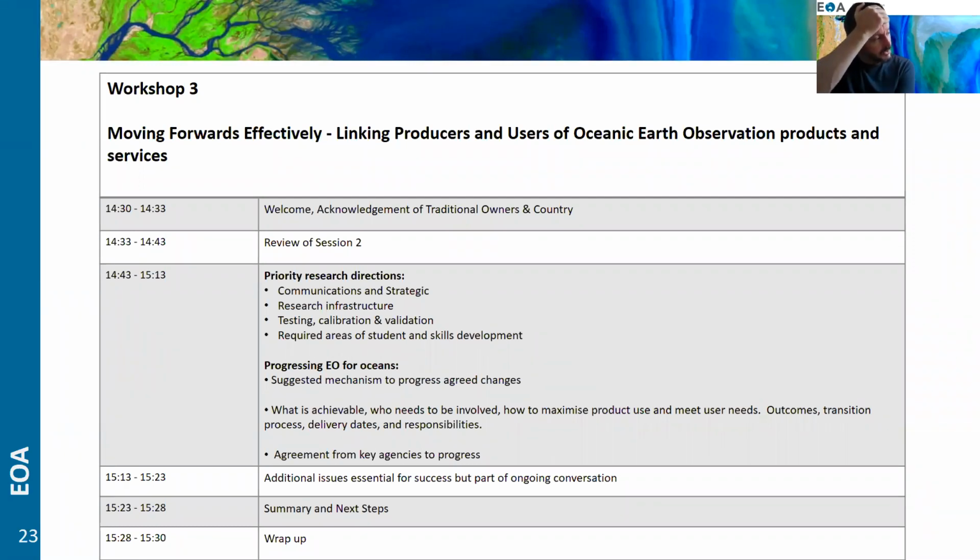In terms of student and skills development in our area, is that something that people are aware of set programs, or even if it's summer or winter workshops that focus students into the areas that you're working in, or even research placements and things like that? Are those things present with things like oceanic Earth observation? I wish.